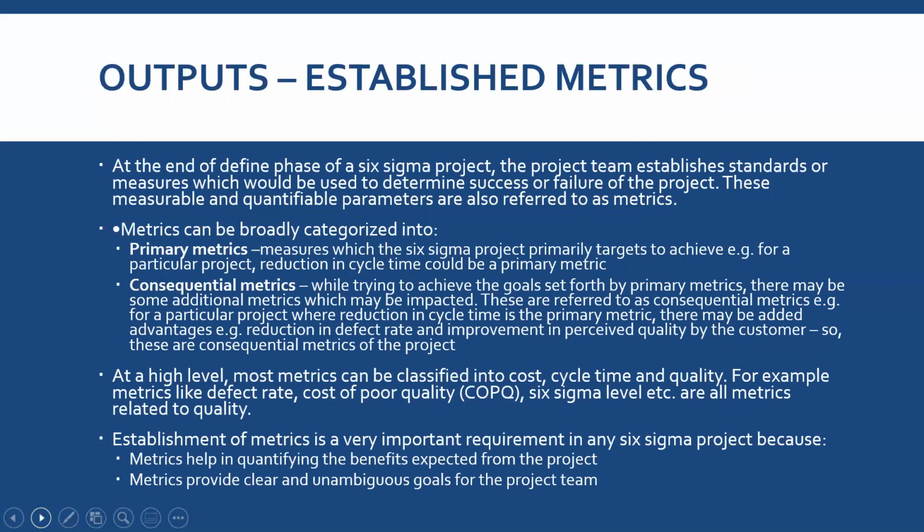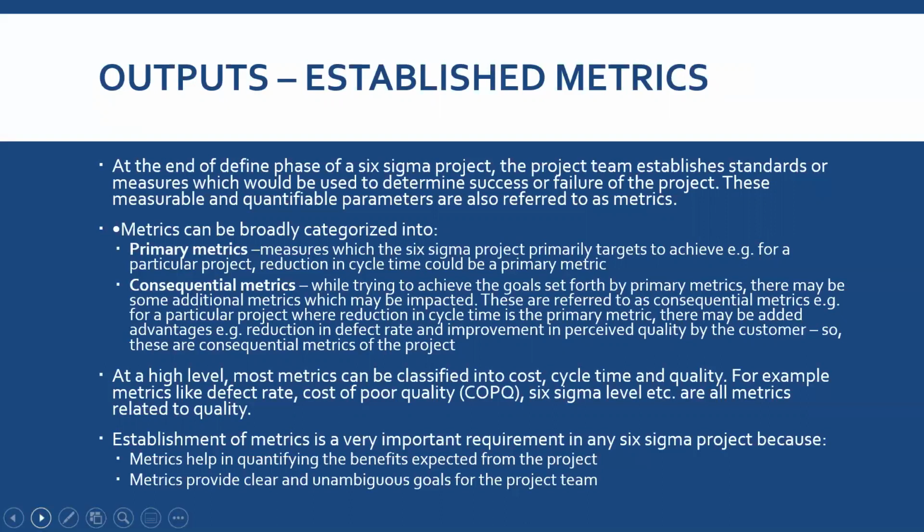There are two categories. The metrics can be broadly categorized into primary metrics. These are the measures which the Six Sigma project primarily targets to achieve, such as a specific project reducing a cycle time. This would be an example.